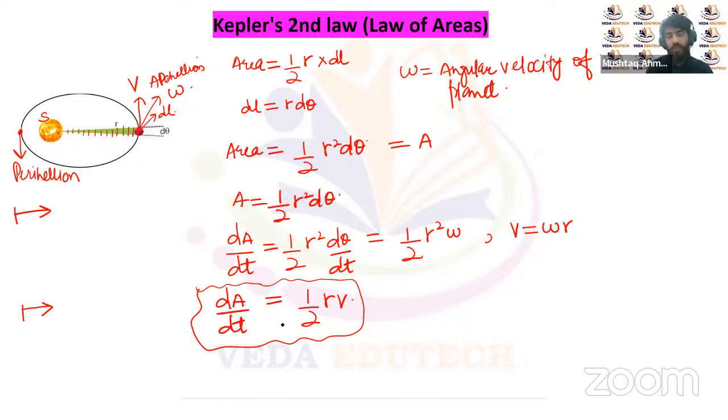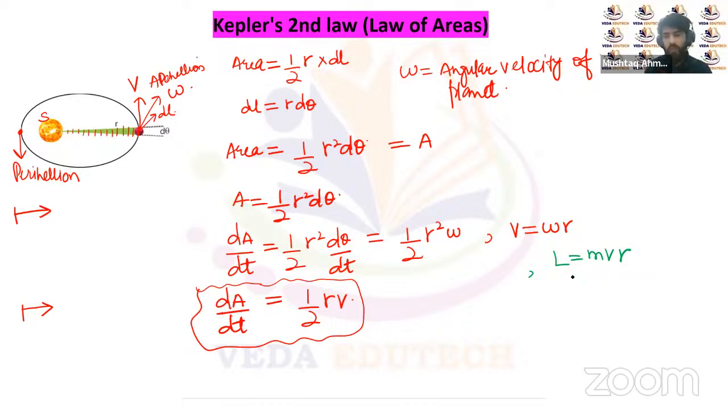Now you can see here it says that it sweeps equal areas in equal intervals of time. We know that the angular momentum of this planet around this sun will be the mass into velocity multiplied with the distance r, about the focus, that will be mvr.